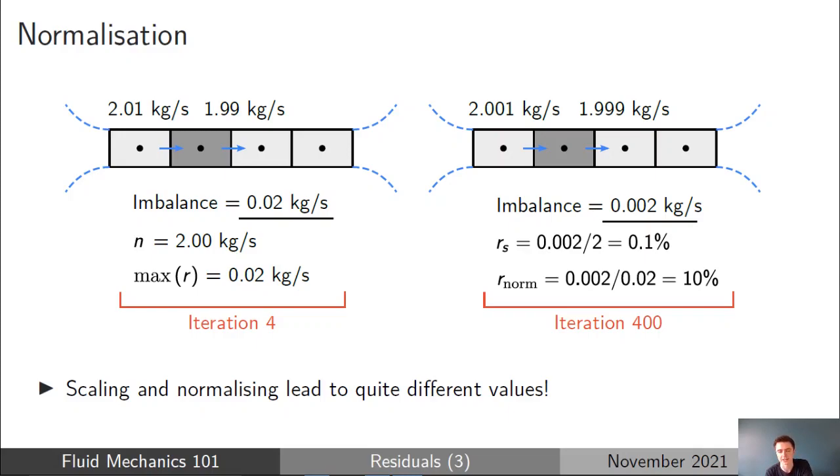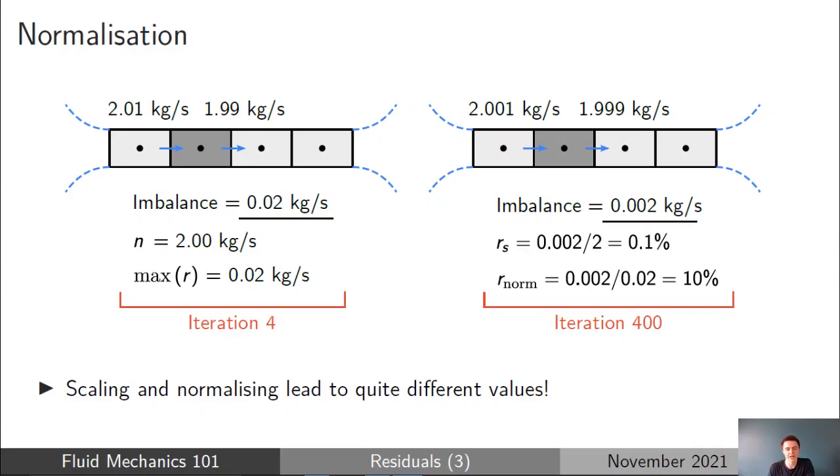You can really see this is the case in the plot on the right, where we're now looking much later in the simulation process, maybe at iteration 400, say, where the imbalance is now 0.02 kilograms per second. It's gotten a lot smaller. Relative to the mass flux through the domain, the scaled residual is about 0.1%, but relative to that initial imbalance of 0.02, you can see that the normalized value is actually around 10%, which is a lot larger.